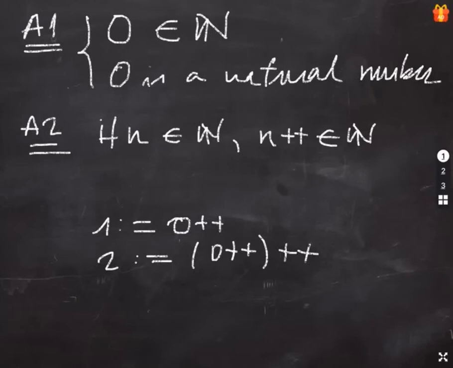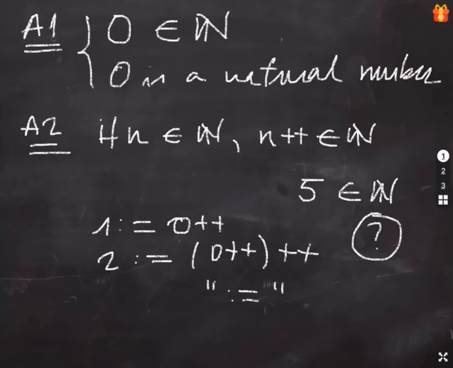By the way, here I am using this colon and equal symbol to denote that one thing is defined to be equal to the other thing. Okay. So, as an example, I ask you to now prove that 5 is a natural number. You should be able to do it by yourself. And whenever you see this symbol, it means that I am asking you to prove it on your own. Okay.